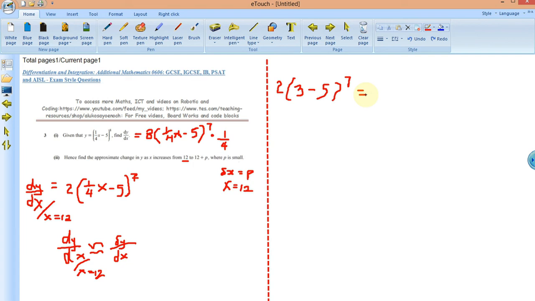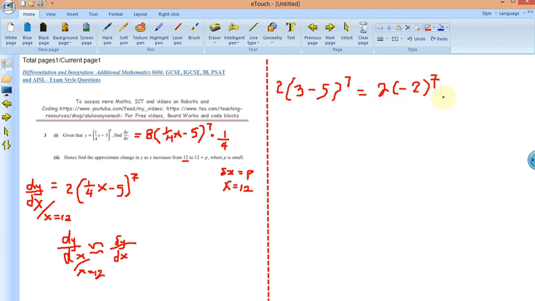I think I'm going to leave it in this form, guys. So 2 into minus 2 raised to power of 7. I don't want to open up for now.